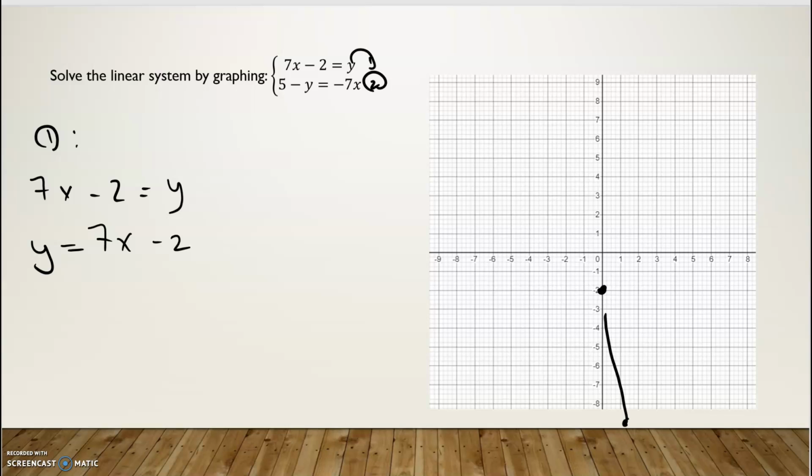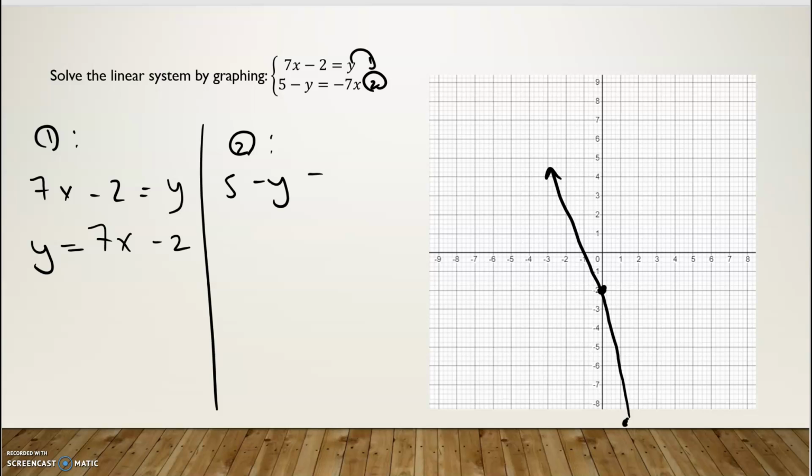Okay, so we'll combine those two. I know it's not very straight. Okay, so 5 minus y is equal to -7x. So -y is equal to -7x minus 5. Change everything to a positive.